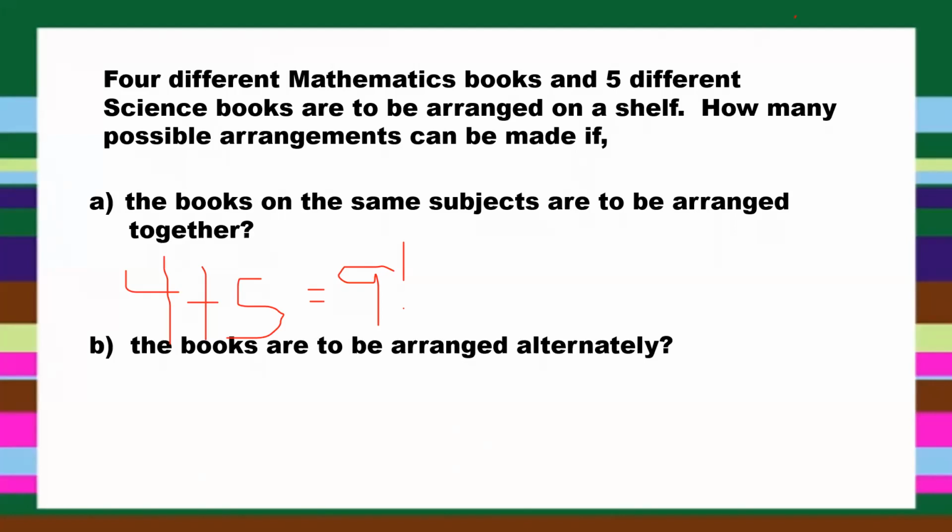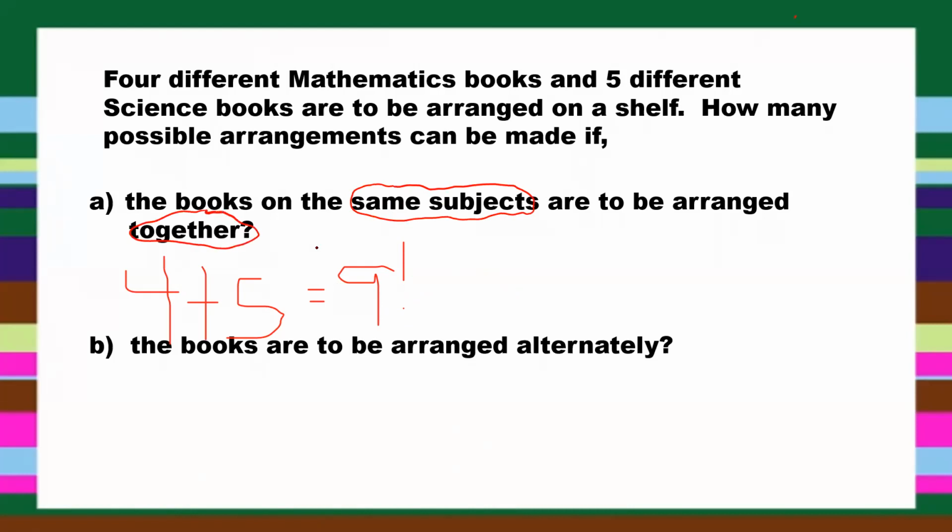Okay, so his answer is, he added the 4 math books and 5 science books, then factorial. But here, remember that the same group or same subject are to be arranged together.